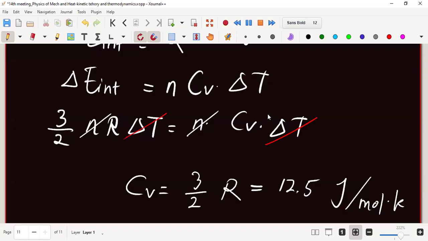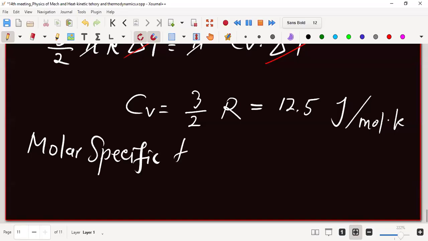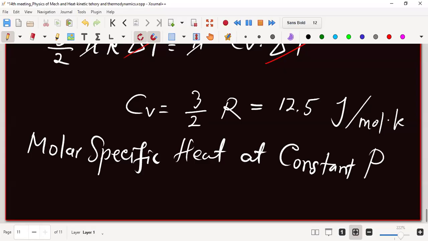Then we continue to molar specific heat at constant pressure. This one is Cp, the molar specific heat at constant pressure.